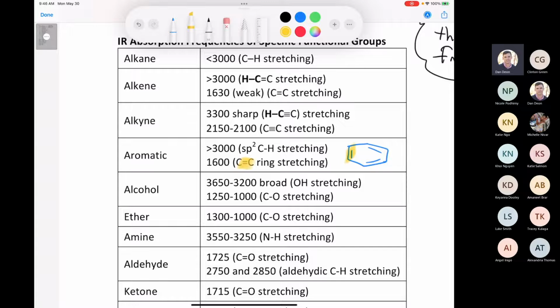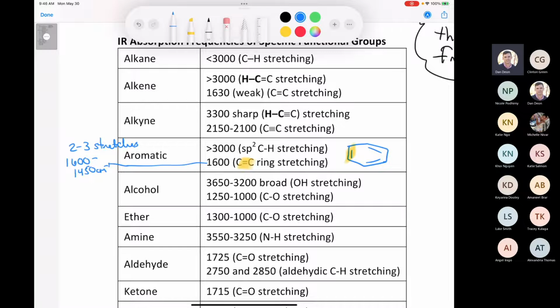And they have a little bit lower stretching absorbance than an alkene. They're around 1,600. And usually these are actually a collection of 2 to 3 signals, from like 1,600 to 1,450. And I'll show you some examples of those.